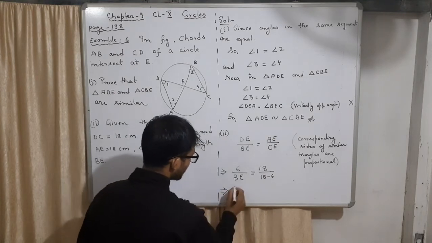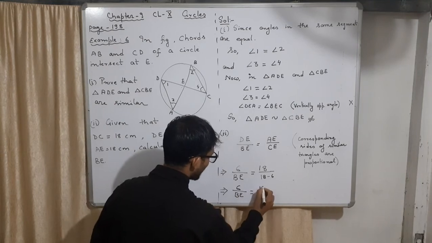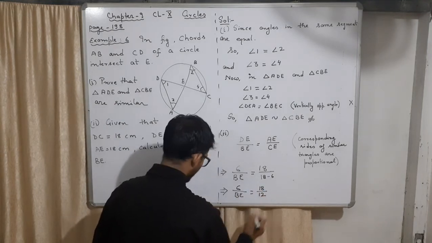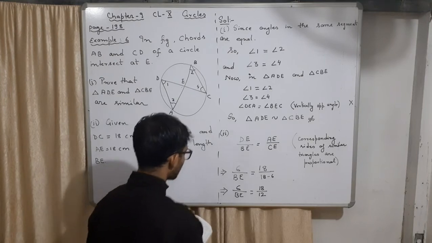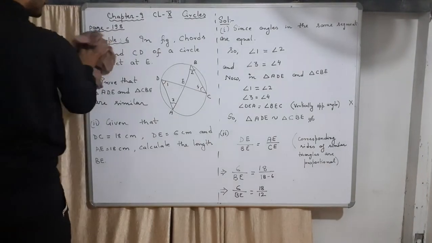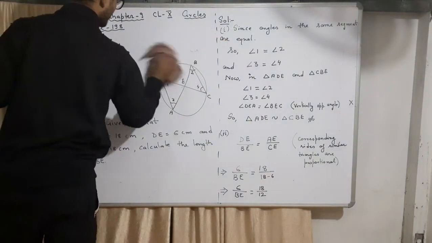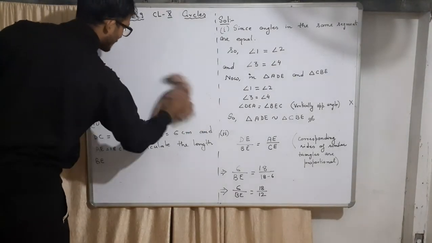Now you look at here: 6 by BE equal to 18 by 12. Now we cross multiply and quickly find the final answer. Calculate the length of BE, which is the only unknown.